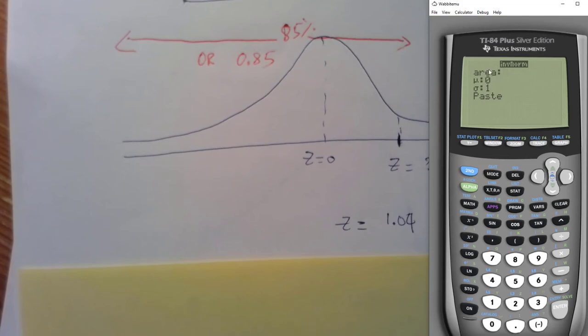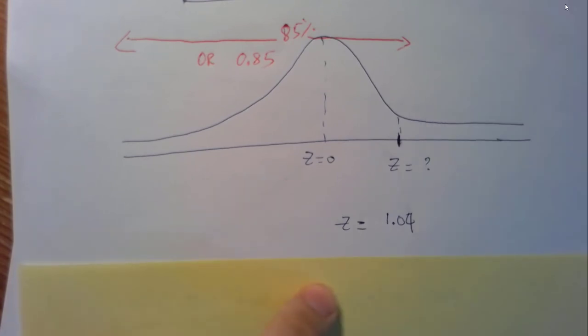The area here is 0.85 to the left side of that z-score, and then the mean is 0, standard deviation is 1. And it gives me 1.04, which is what we got earlier from the table.